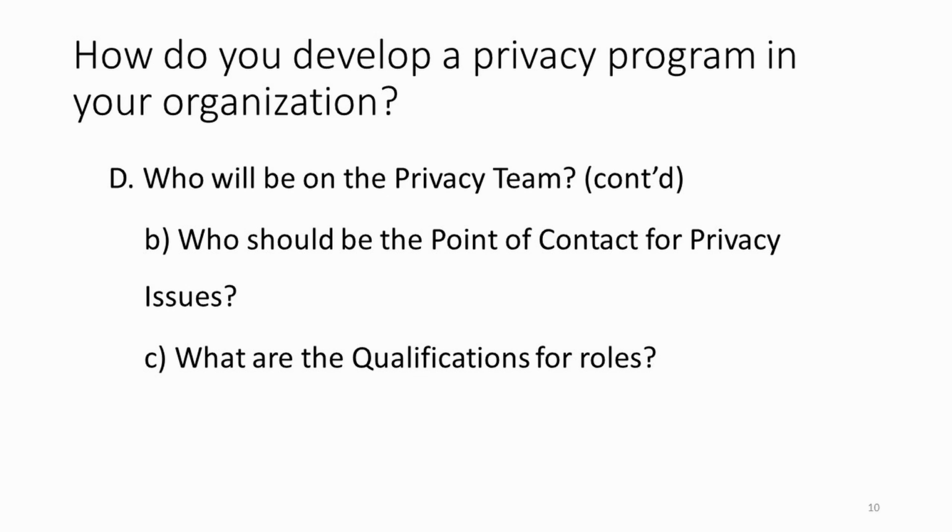Next, based on those roles, what will be their qualification? There would be a difference in qualification between somebody who's going to be a chief privacy officer versus a privacy manager versus a security incident responder. That would depend on the scope of what they're doing and also precisely on what they have to do.